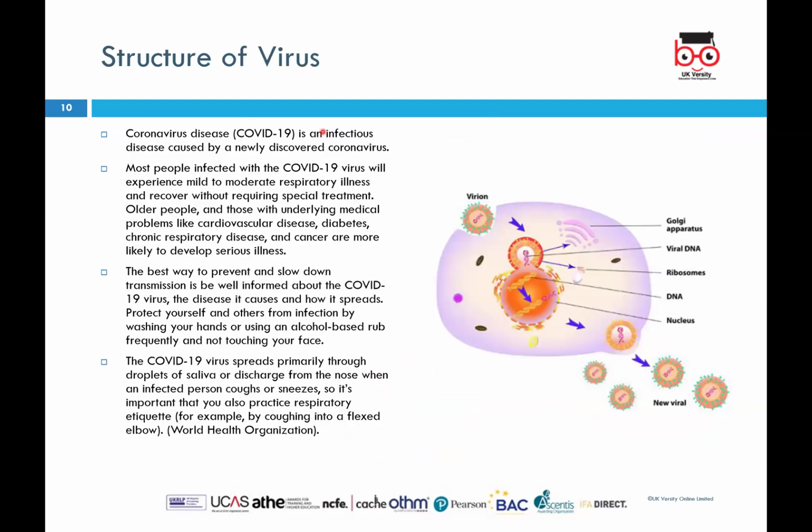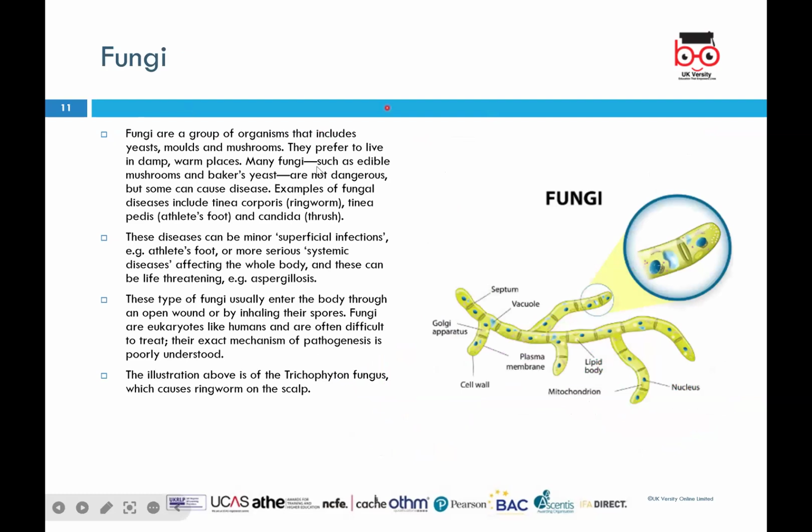We talked about COVID-19. Now, fungi, we talked about them. There were different types of fungi, and some causing athlete's foot, which were not very serious. And then there were some lung diseases like aspergillosis, which are life-threatening. These are also caused by fungi.